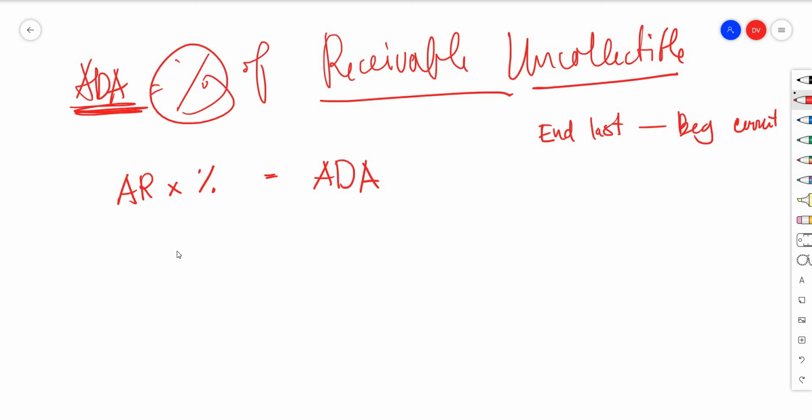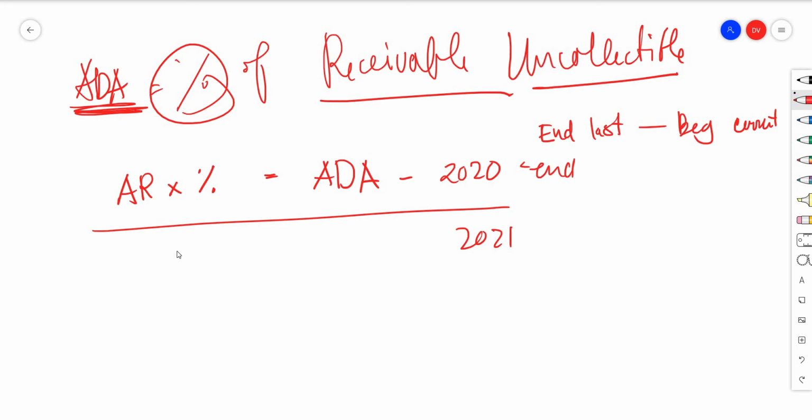So, pagdating ng 2021, itong AR na to, beginning times percentage, yun yung allowance for doubtful accounts na beginning. Okay? Kasi sabi nga natin, ang ending ng previous year, magiging beginning ng this year. So, ganun siya.